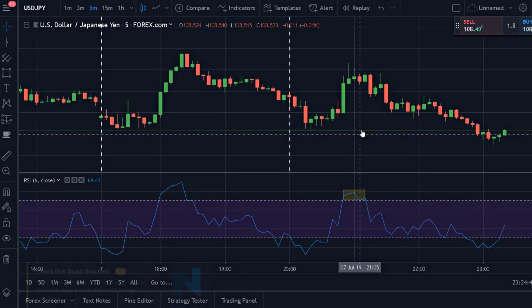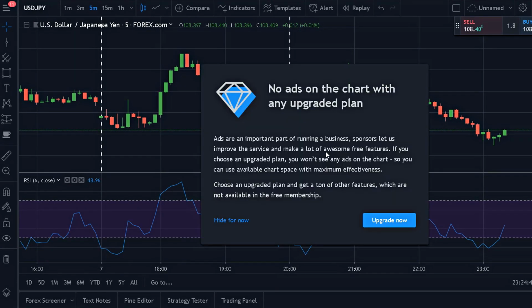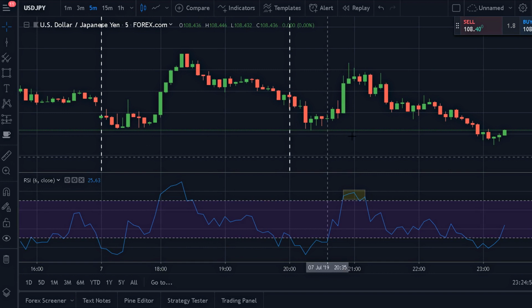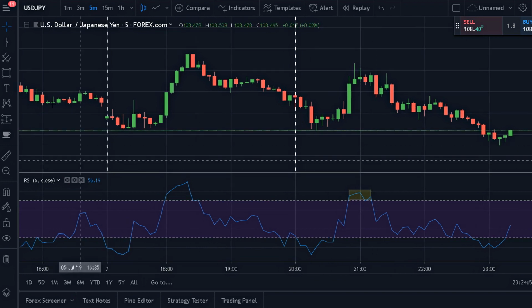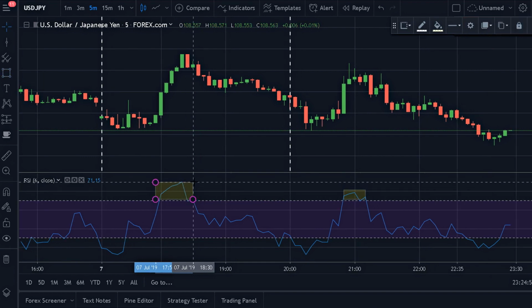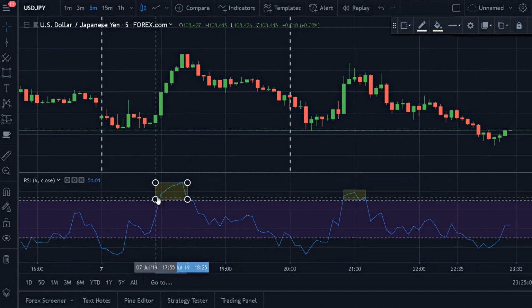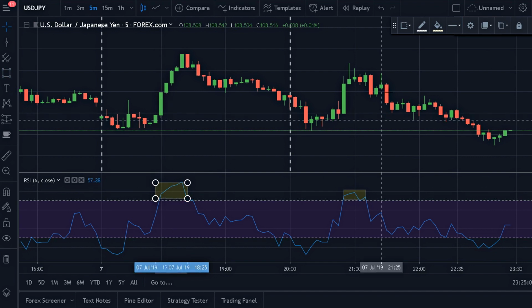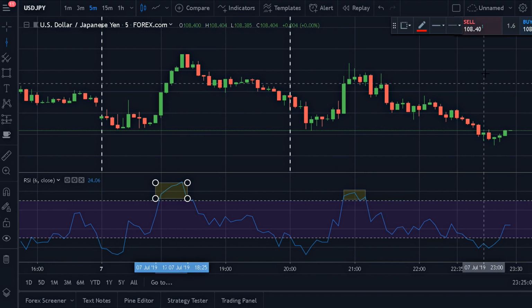I have not pre-charted this at all. This is literally just me hopping on and marking up randomly for you, showing you exactly how this works and how consistent and accurate it actually is.